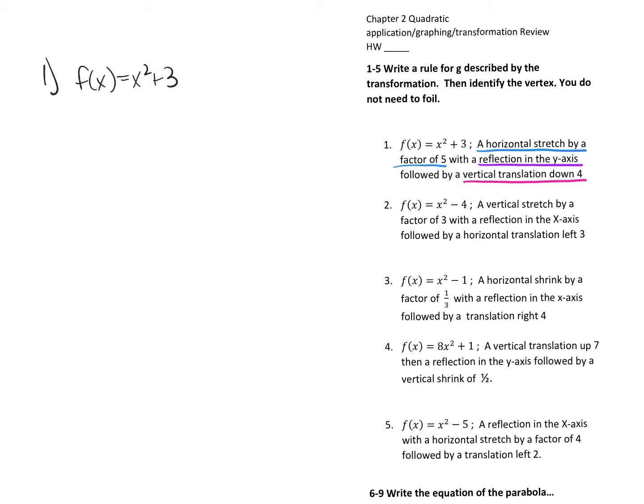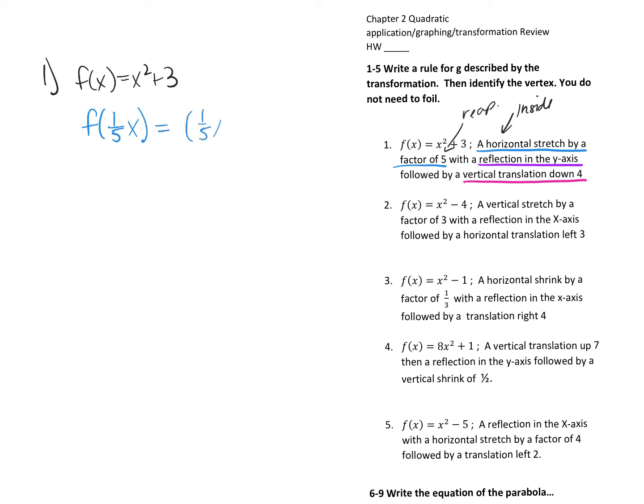So horizontal stretch by a factor of 5. Remember, everything horizontal is inside, and it's reciprocal when it's horizontal, shrink and stretch. So that horizontal stretch by a factor of 5 looks like f of 1/5 x. And when I plug that in, I am replacing the x with 1/5 x.